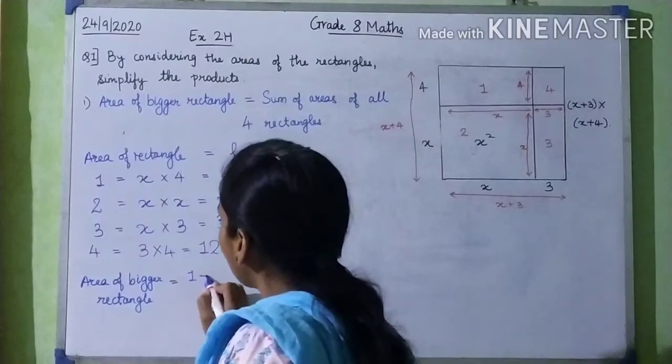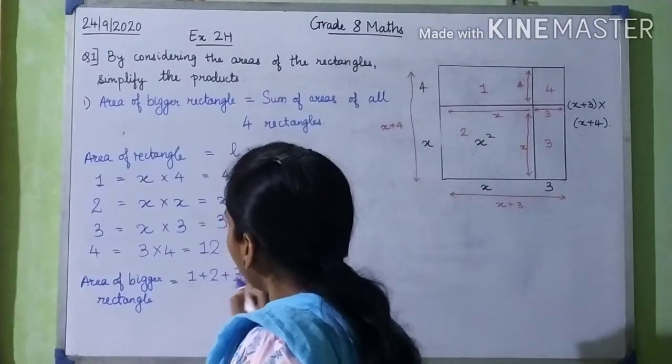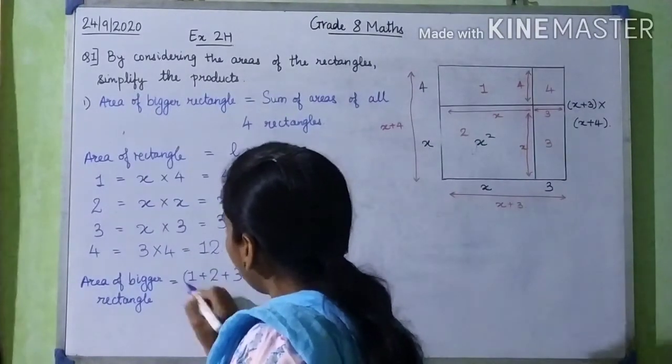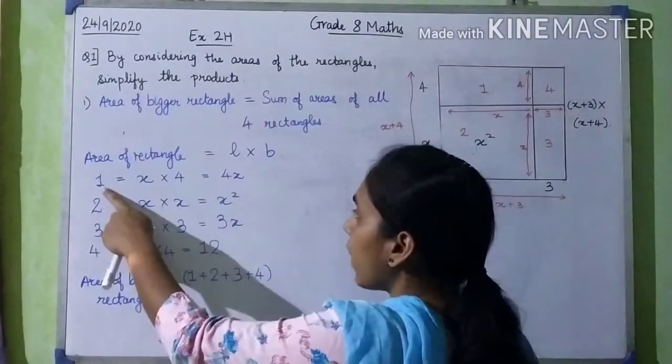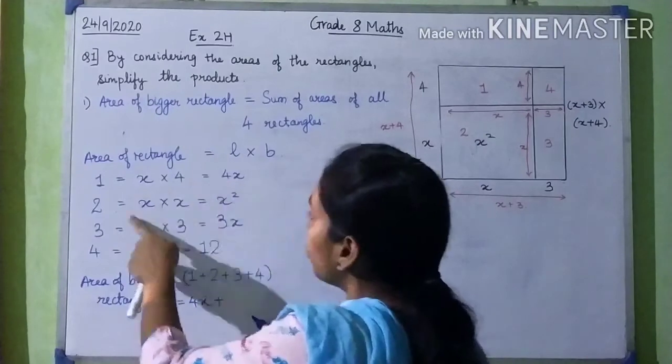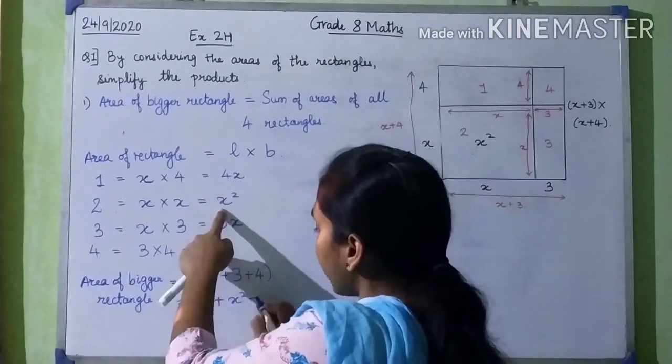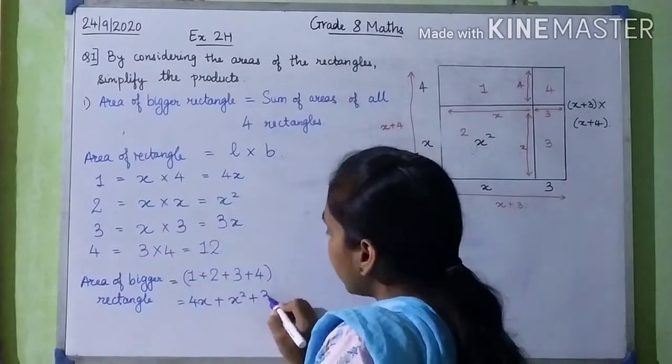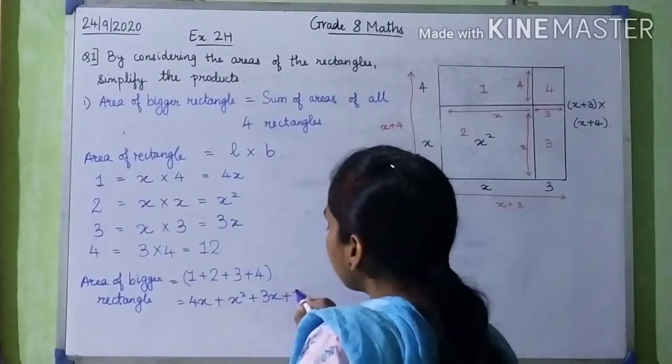Okay. So what is 1 area? 4x. Okay. So I write 4x. Then number 2 is x square. So plus x square. Then number 3 is 3x. And the fourth one is 12.